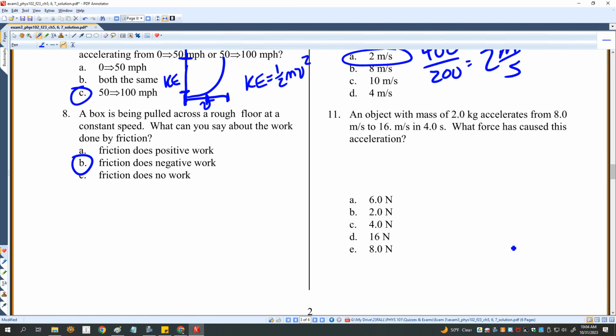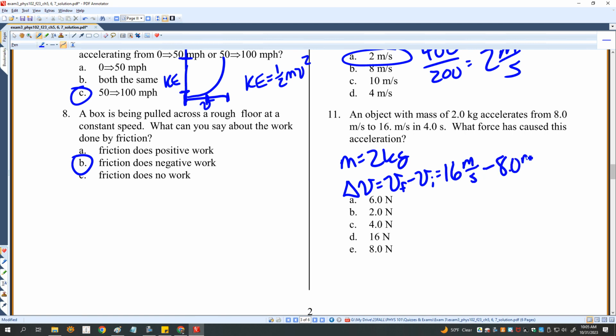All right, an object with a mass of 2 kilograms accelerates from 8 to 16. So delta V is equal to VF minus VI. That's going to be 16 meters per second minus 8 meters per second, which is equal to 8 meters per second. Okay, what force caused this?